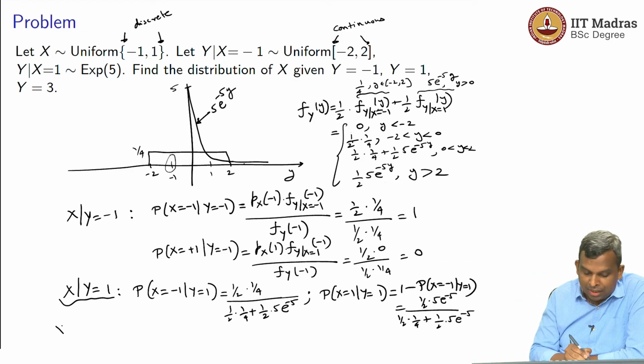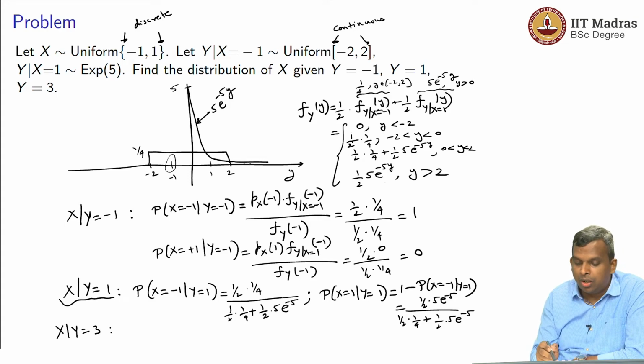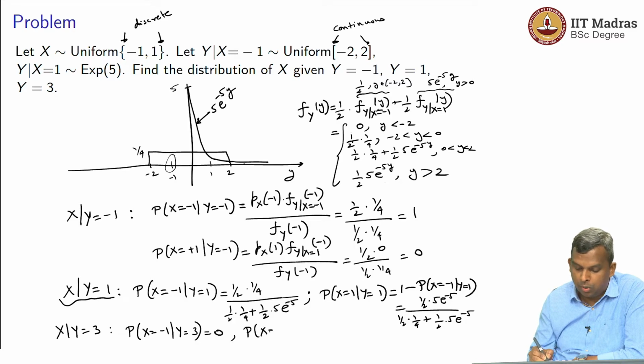Okay. The last one is x given y equals plus 3. Just by inspection, if you got a value of plus 3, x could never be minus 1. So you can quickly see the probability of x equals minus 1 given y equals 3 is actually 0, and the probability of x equals 1 given y equals 3 is 1.